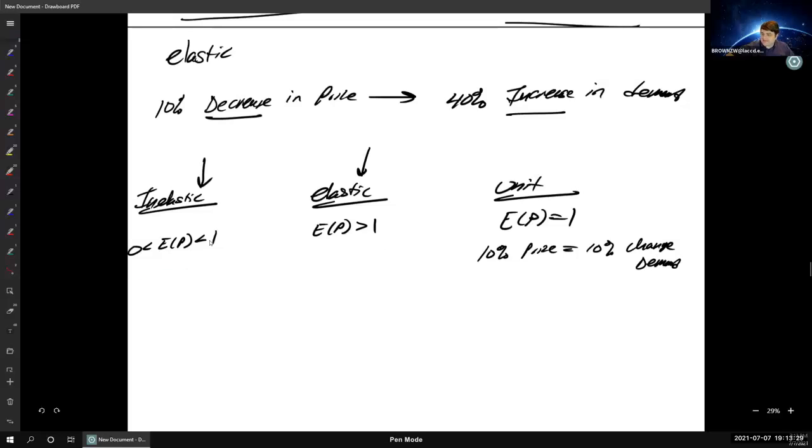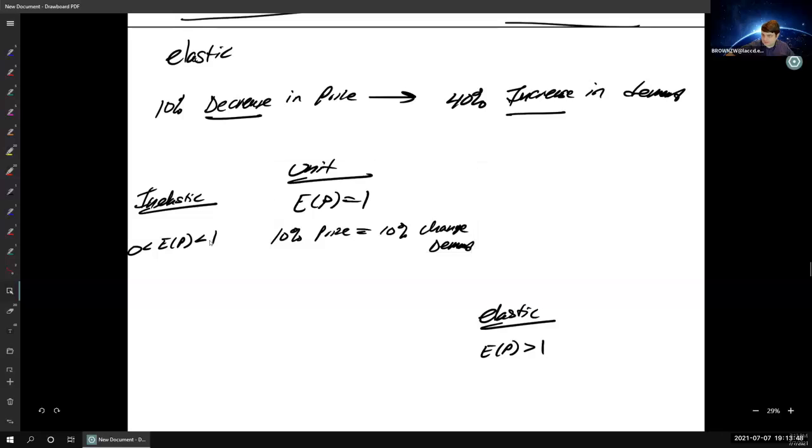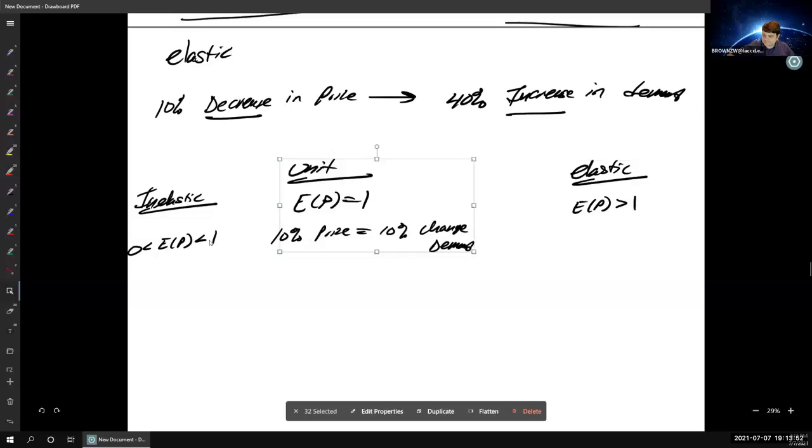Usually this last one, the unit elasticity, is something that we set our equation equal to and solve, and that gives me a price point at which we switch back and forth. In fact, I'm going to put this guy in between, because usually it is a price that is in between inelastic and elastic.